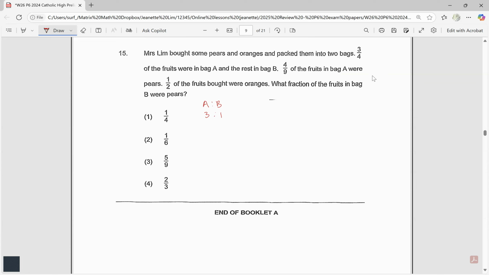Okay, so pears that are in A to the total of A. 4/9 of it, so 4 to 9. Half of the fruits were oranges. So total pears to oranges would be 1 to 1. Okay, equal number.